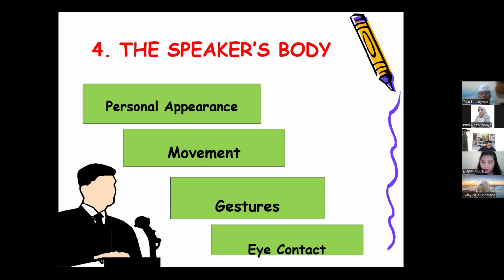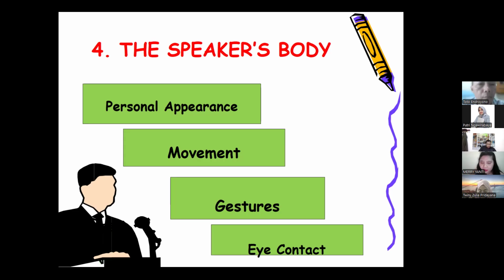And then movement is purposeful walking or stepping that helps pace points and keeps the audience engaged. For example, stepping to the side while changing topics signals a transition in your speech.